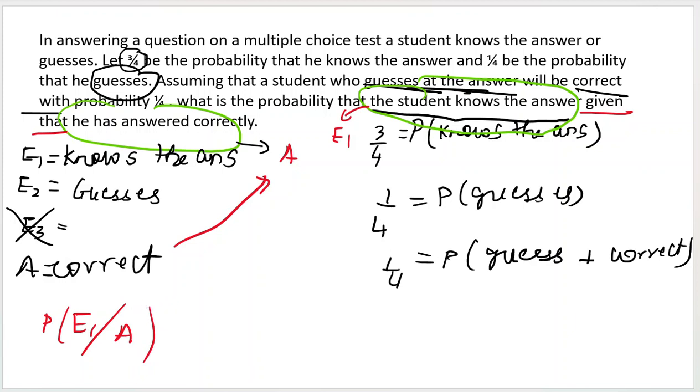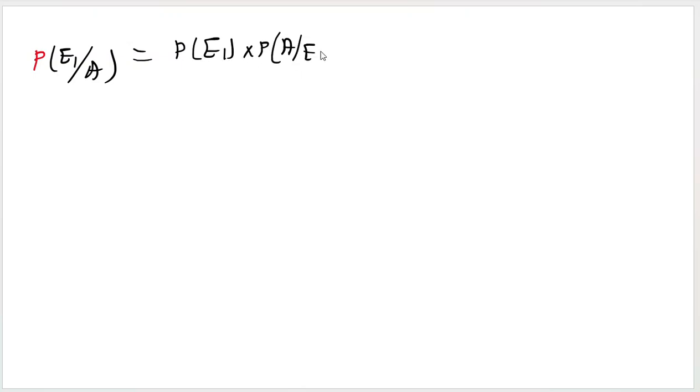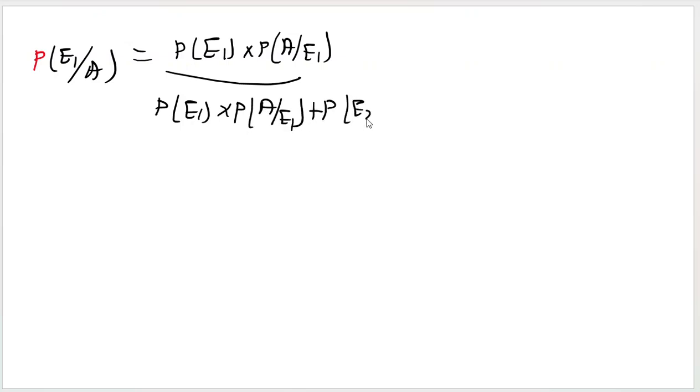So using Bayes' theorem, we get probability of E1 given A is equal to probability of E1 into probability of A given that E1 has occurred, upon probability of E1 into P of A by E1 plus probability of E2 into P of A by E2.